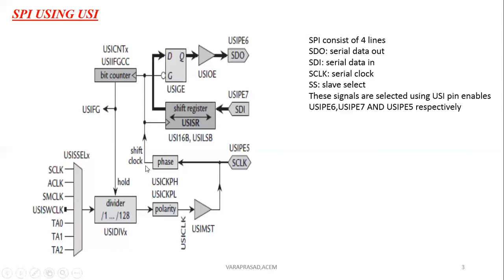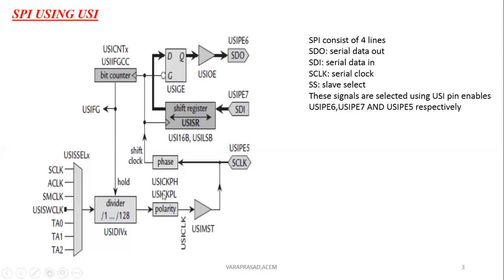This clock is divided by 1, divided by 2, divided by 4, divided by 8, and so on, up to divided by 128, for different frequencies. Once you select the frequency, you then select the polarity.